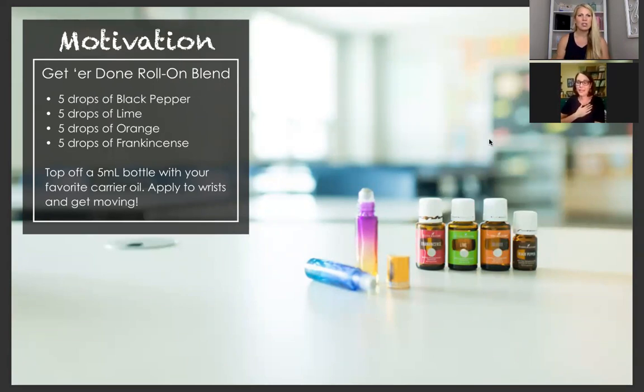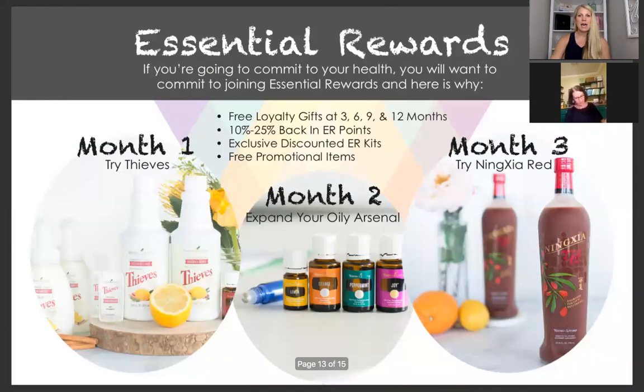Same thing with the orange. And then of course, frankincense is kind of woodsy. So this is a really nice blend. And then you just literally put it in a roller ball, and then you add carrier oil to the rest of it. So you just put that recipe in there, and it's fantastic. You can put it on your wrist. You can put it on your temples, down your spine, take a whiff out of the bottle. It's fantastic.